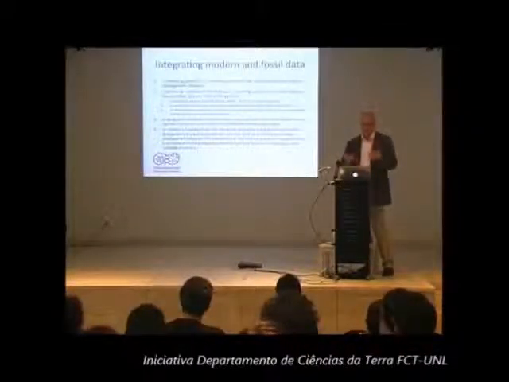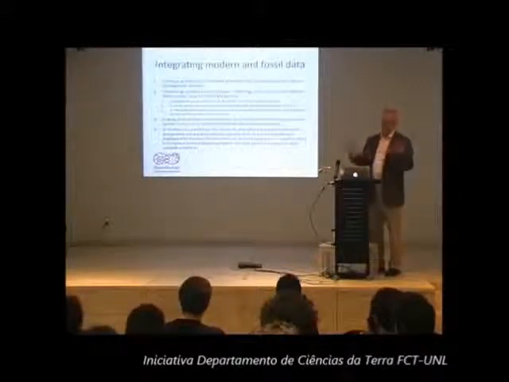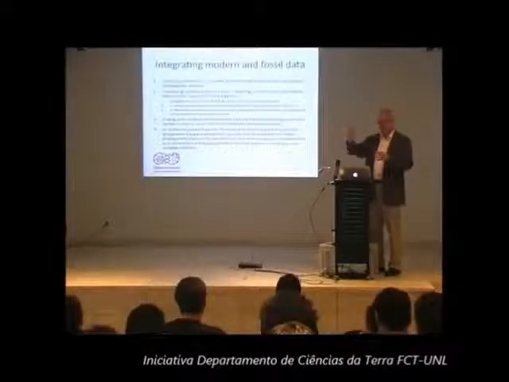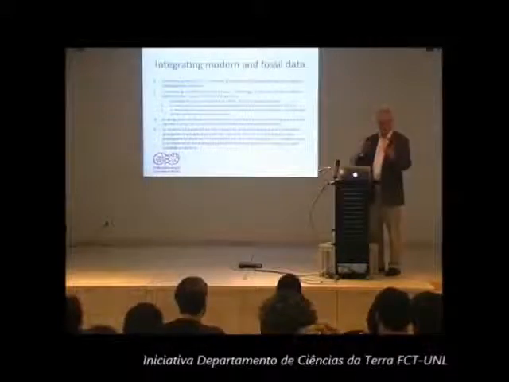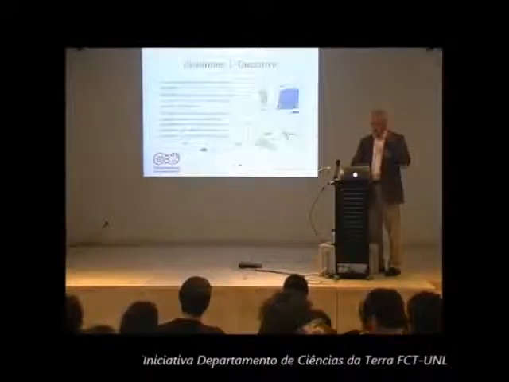And then integrating modern and fossil data, I think, is an important thought as well, that people are able to draw together information from modern organisms and adaptations and try to integrate it with fossil data as well. And so I'll just give a couple of examples.